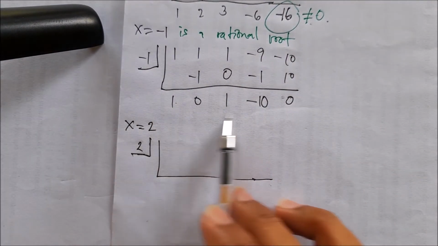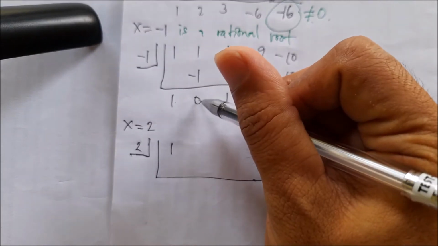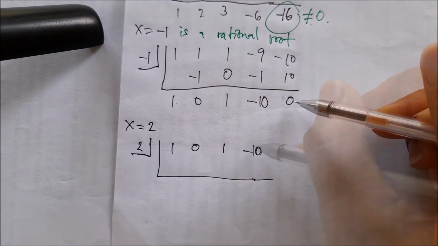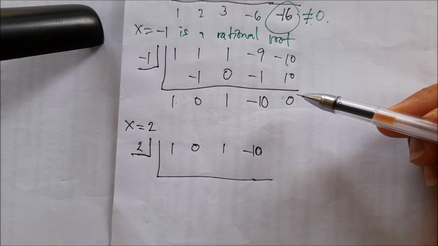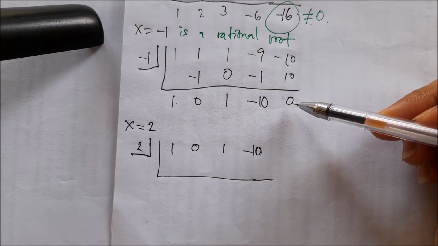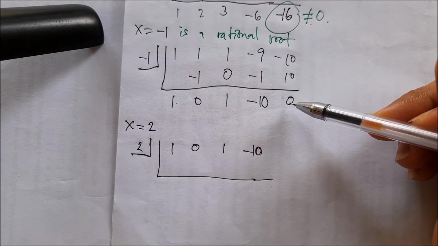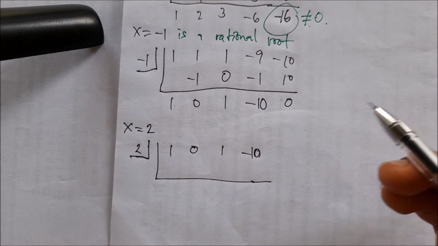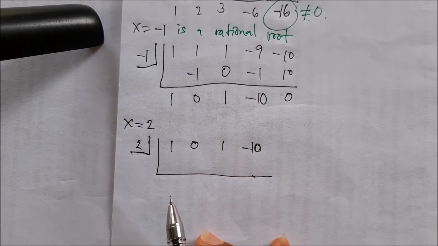Then continue. This is the quotient. Then bring down 1, 0, 1, -10. Don't bring down the remainder, because the remainder is not part of the quotient. Since it is 0, no need to copy it. Only the 4 coefficients remain.